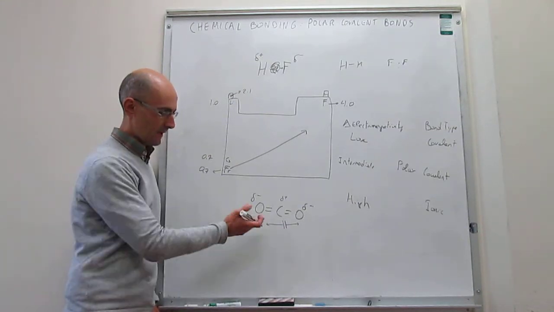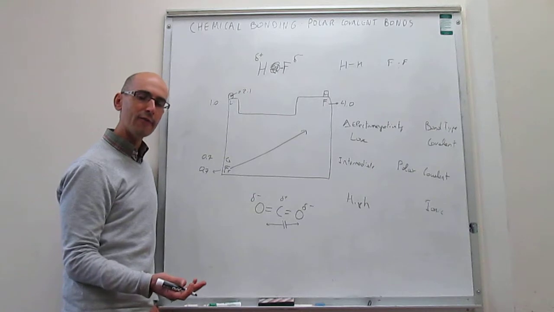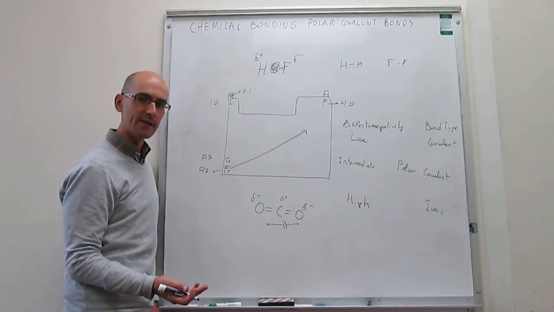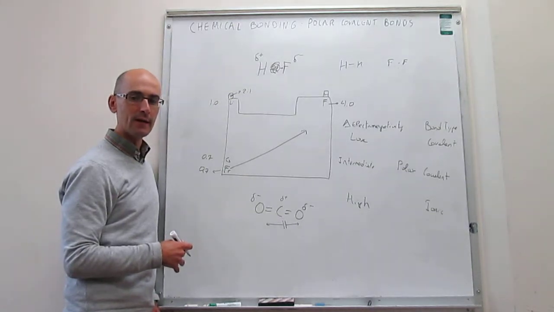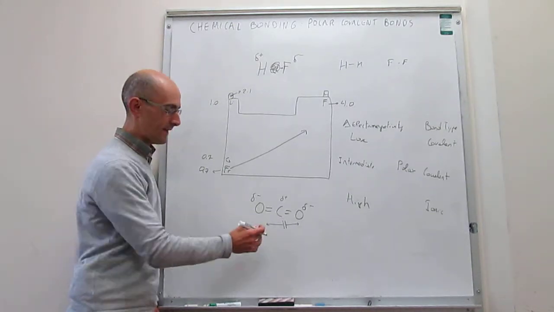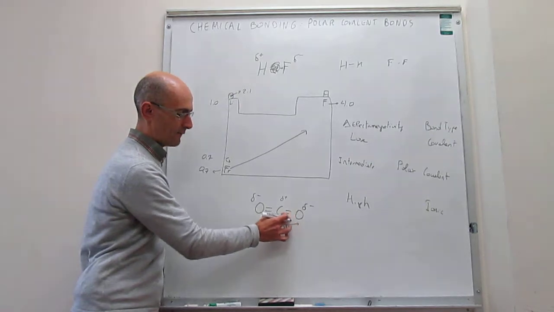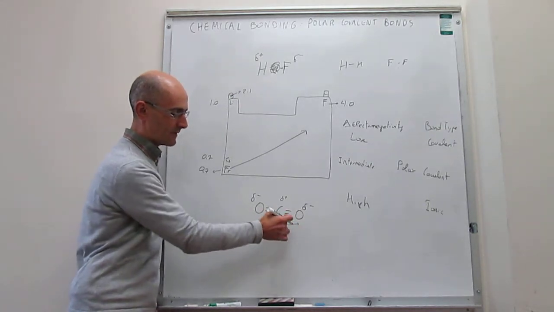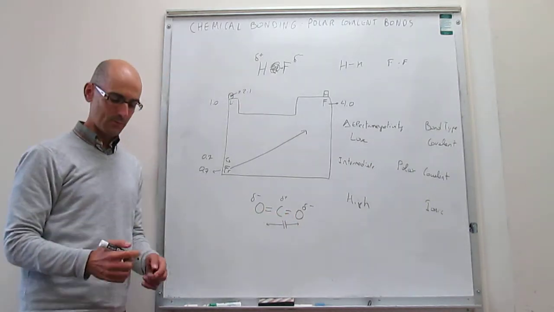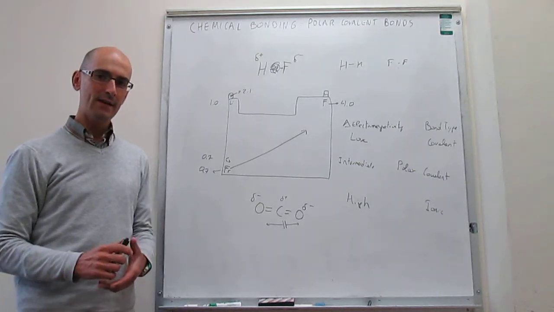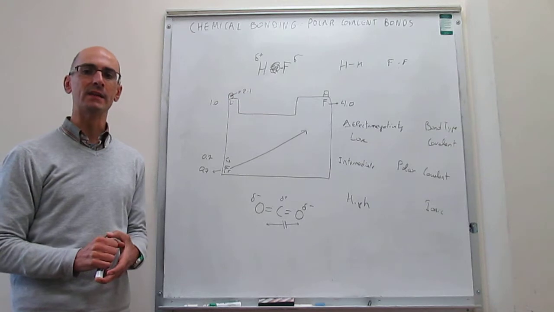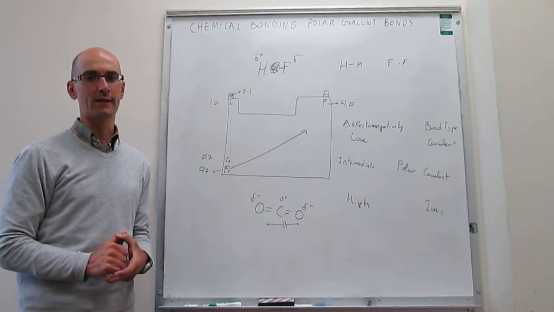So again, this just says that even if you have polar covalent bonds in a given molecule, the overall molecule might not be polar if the dipole moments that emerge from the bond polarity in each one of the bonds cancel each other out. So this video has introduced the concept of polar covalent bonds and has substantiated it with the notion of electronegativity.